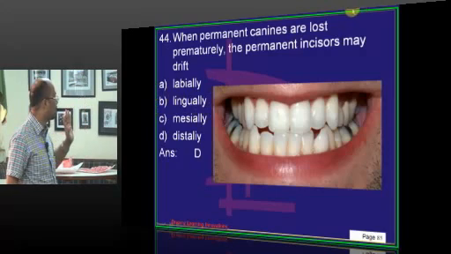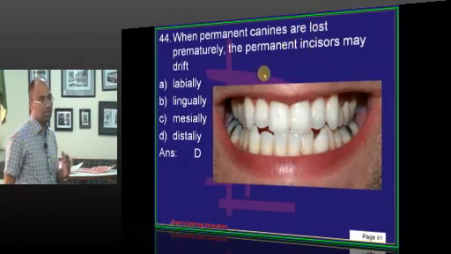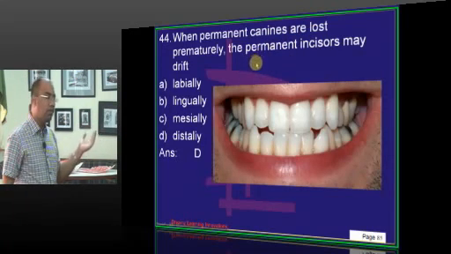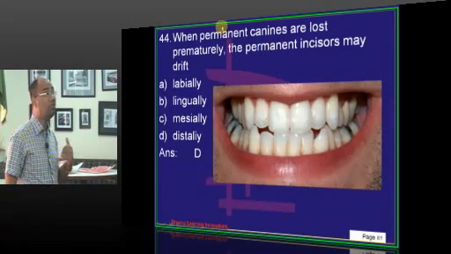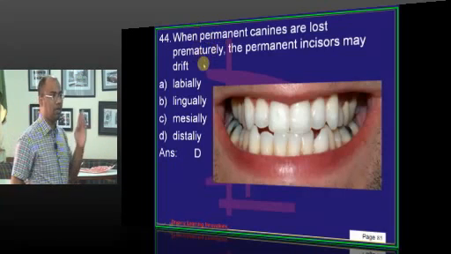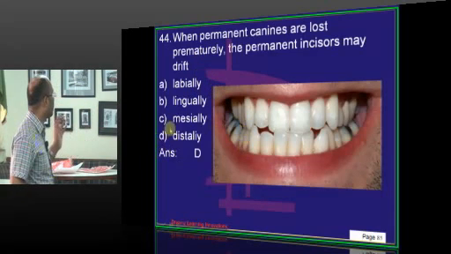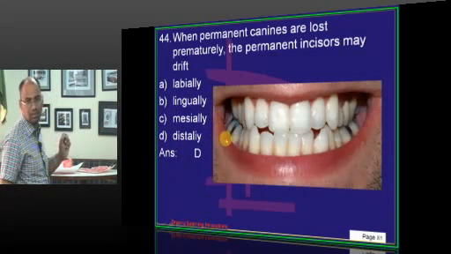See, the canine is lost, so the incisors are ahead, so they have to move only distally into that space, they cannot move mesially. Whereas the premolar can move mesially. Premolar movement will be more when compared to the incisor, but incisors have to move distally. So you should not confuse here and put mesial. Okay.